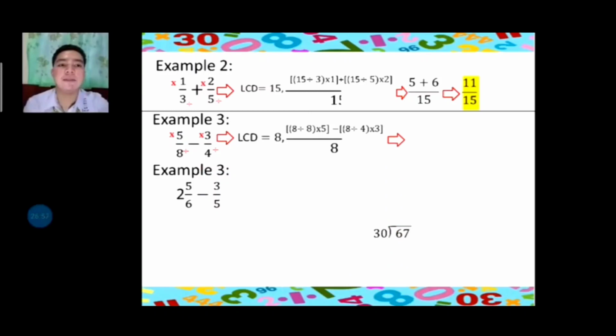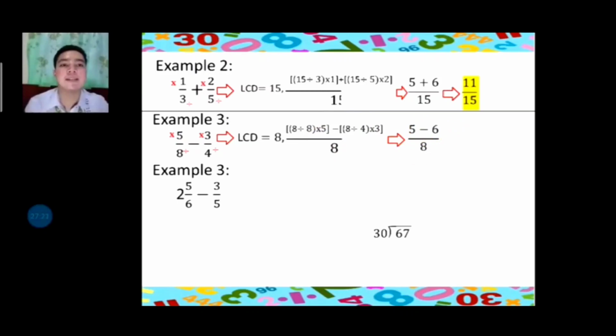So we have 8 divided by 8 times 5 is 5. Then 8 divided by 4 times 3. So here, we subtract 8 divided by 4 times 3. We have 6 over the denominator 8.